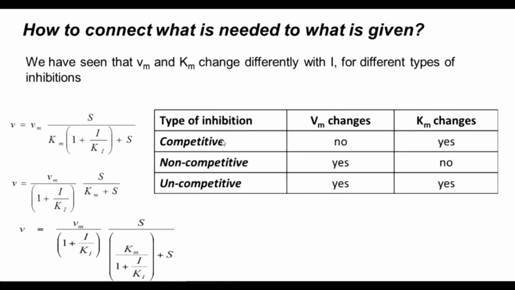The type of inhibition is competitive, non-competitive, uncompetitive. In the case of competitive inhibition, Vm remains the same, there is no change, whereas Km changes. In the case of non-competitive, Vm changes, but Km does not change. And in uncompetitive, both Vm and Km change. So we need to find out what changes here.